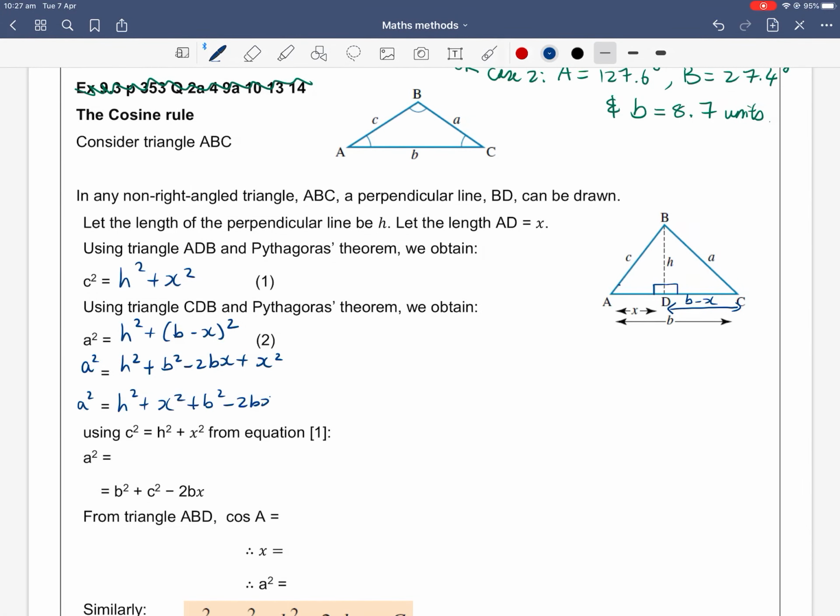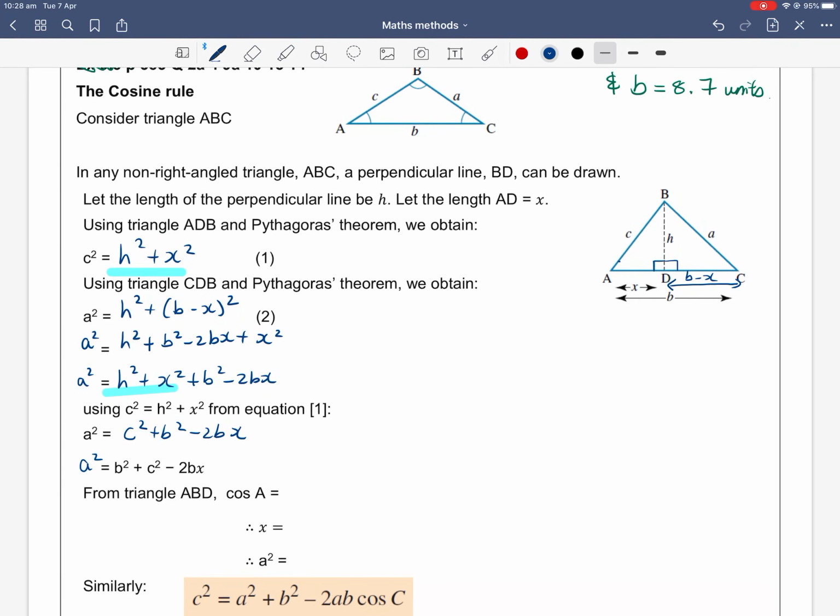Now, if you go back up to equation 1 on the left-hand side triangle, we said that c squared is h squared plus x squared. So we can replace the h squared plus x squared in the second Pythagoras equation. So we get a squared is c squared plus b squared minus 2bx, or rearranging, a squared is b squared plus c squared minus 2bx.